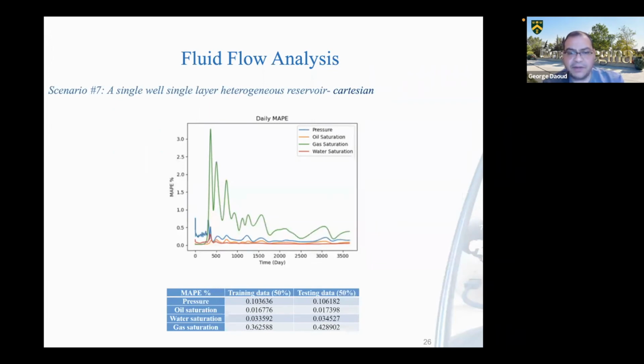And here is a summary of how the successive prediction error changes with day for this heterogeneous reservoir in the figure, and in the table you can see the 1-day prediction errors.